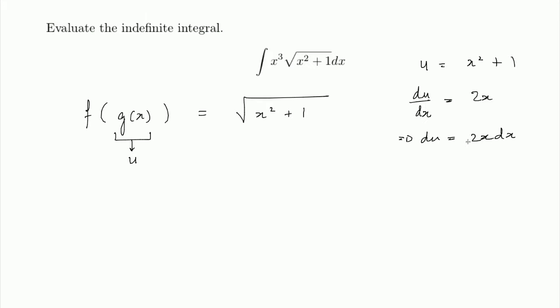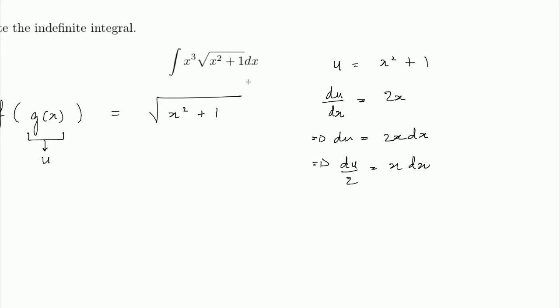Okay, I don't need a 2, so what I'm going to do is write this as du over 2 is equal to x dx, but I have an extra couple of x's over here. Well, same way as question 46, we're going to look at this equation over here and isolate. What do we need?